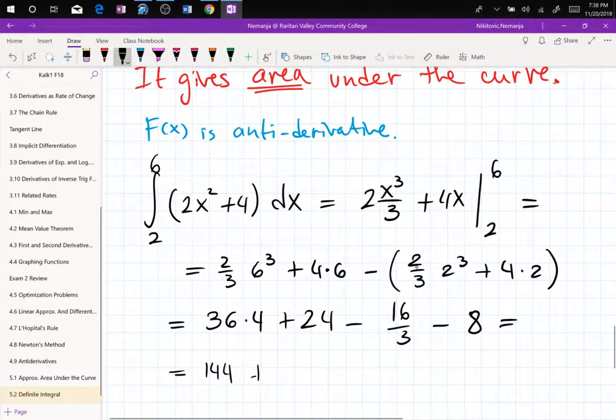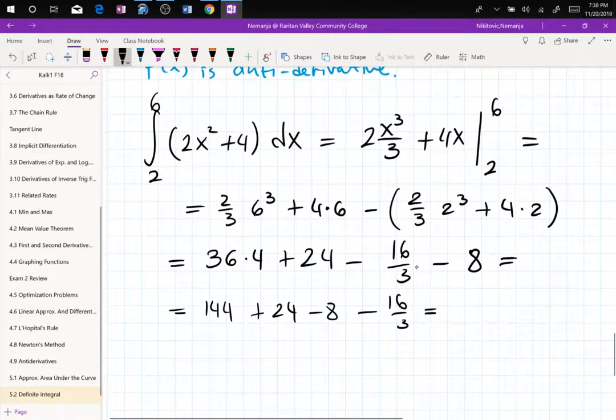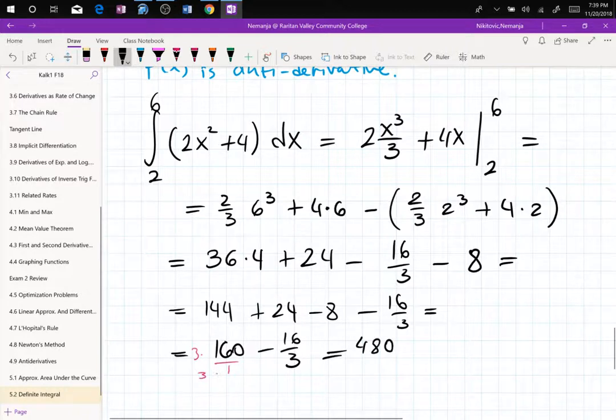Plus 24 minus 8 and then minus 16 over 3 at the end. 24 minus 8 is 16. So this makes 160, right? Minus 16 over 3. Over here we're going to do over 1 and then times 3 and times 3. That's going to be 480 minus 16 over 3 for a total of 464 over 3.